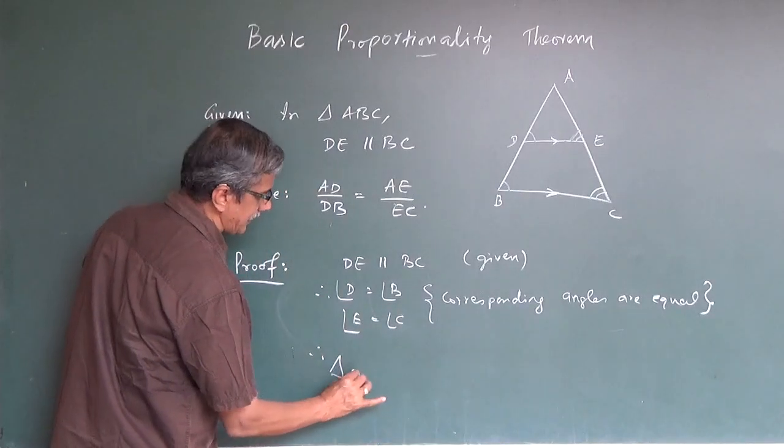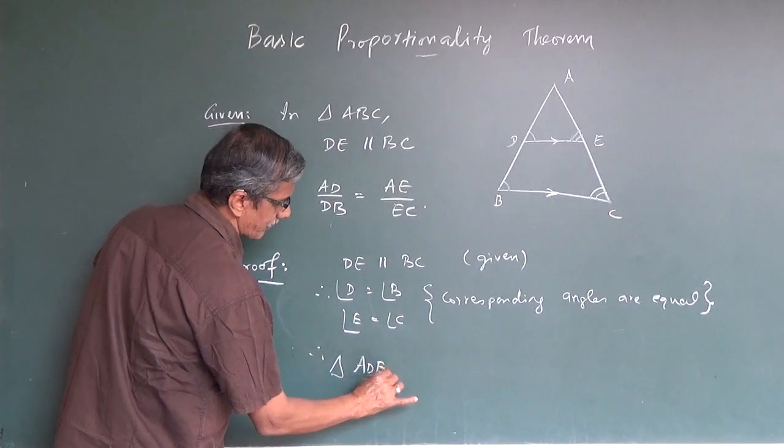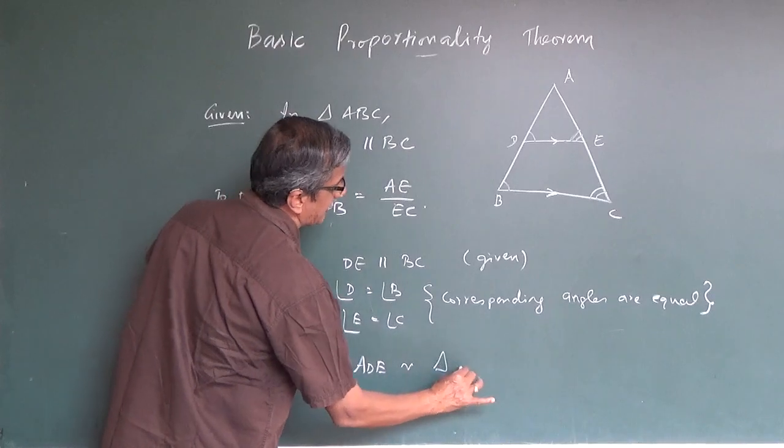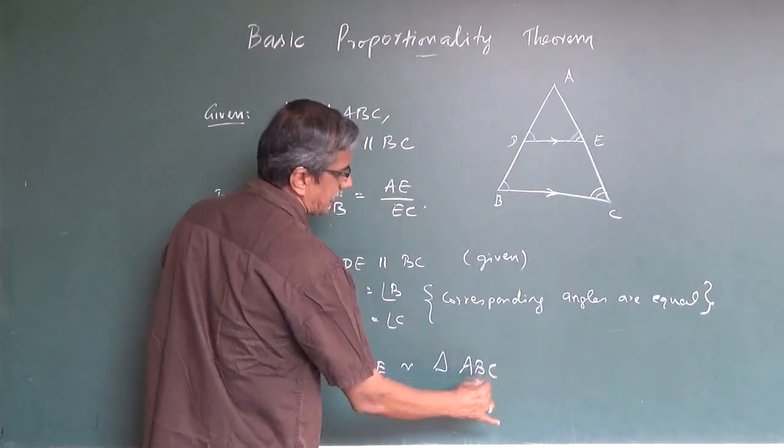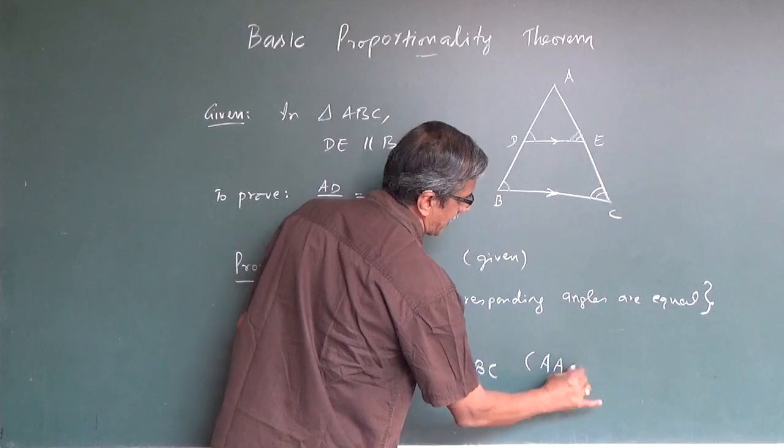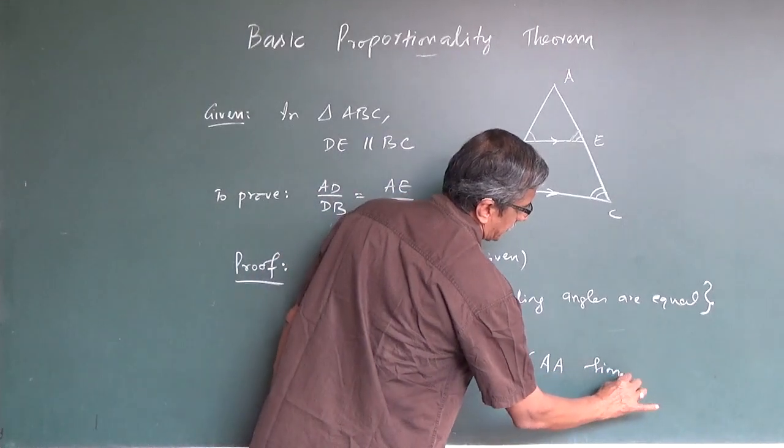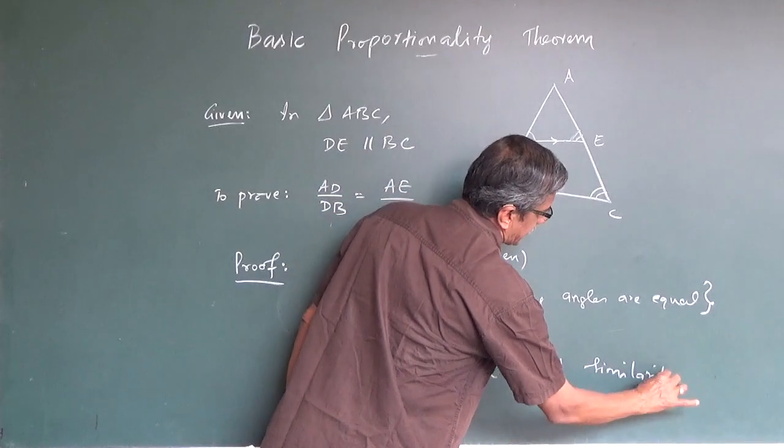Therefore, triangle ADE is similar to triangle ABC by the angle similarity axiom.